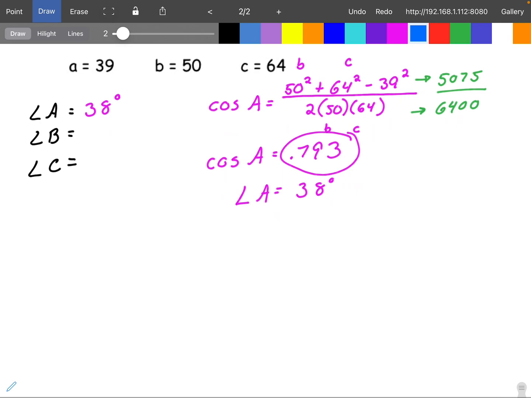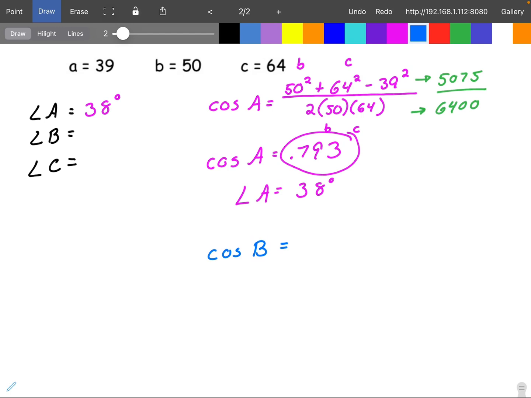So I'm going to go ahead and do angle B. So cosine of B equals, and then I'm going to use my sides again. Since I'm finding B, I need to do a squared plus c squared, and I have to subtract b squared because I'm looking for b.